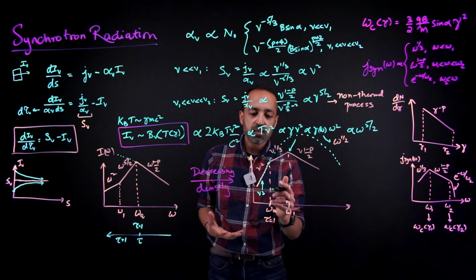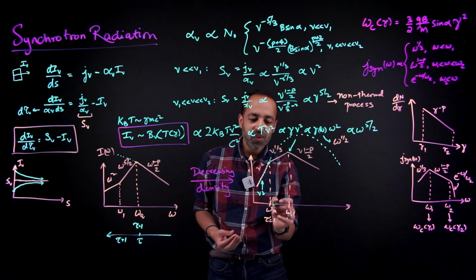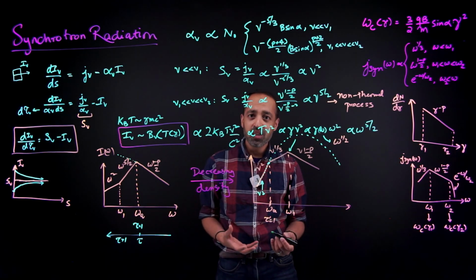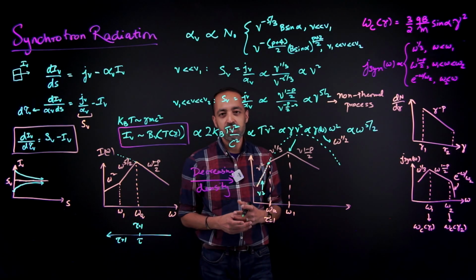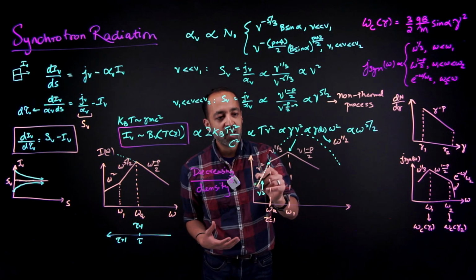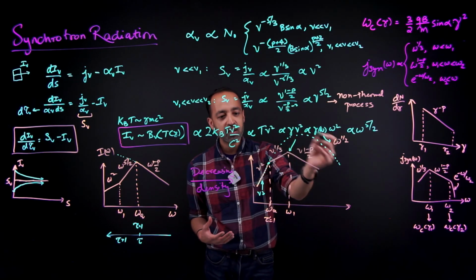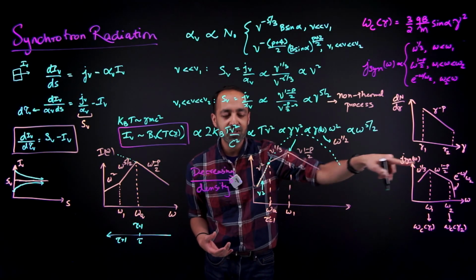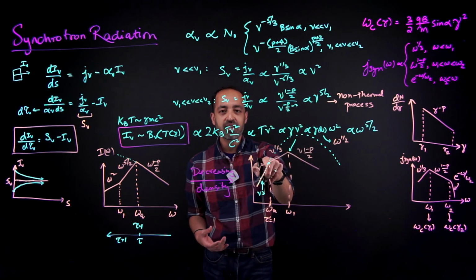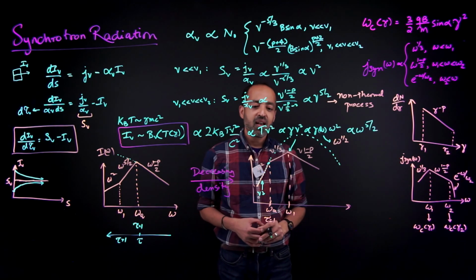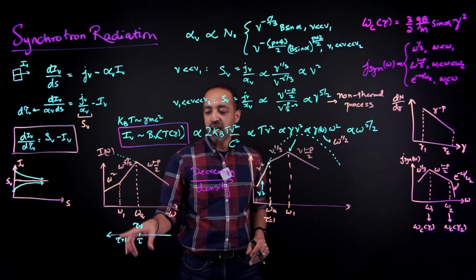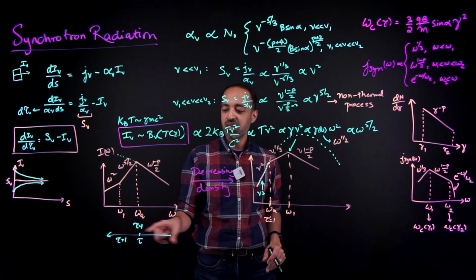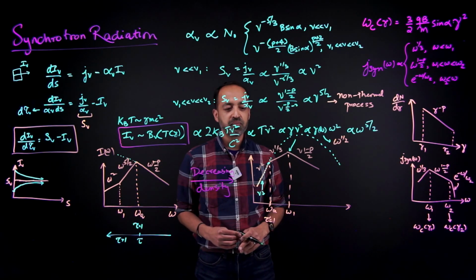And so this is another reason why, in astrophysical situations, one of the ways the self-absorption frequency is calculated is by equating the blackbody spectrum for that relativistic temperature to the flux that you would get from the synchrotron spectrum. But a proper way to do it is to actually calculate the frequency at which the optical depth is unity.